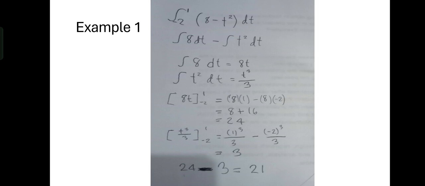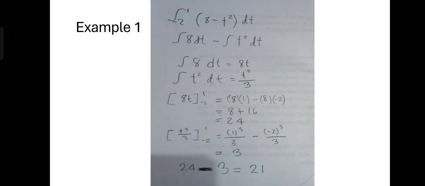So 8 times 1 is 8. Negative 8 times negative 2 is positive 16. So we add 8 plus 16, and we have 24. So after evaluating the definite integral, we have here 24 for 8t.